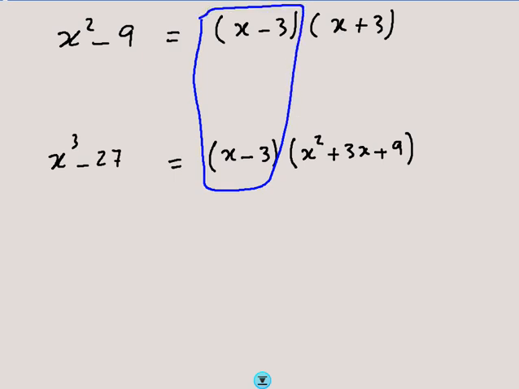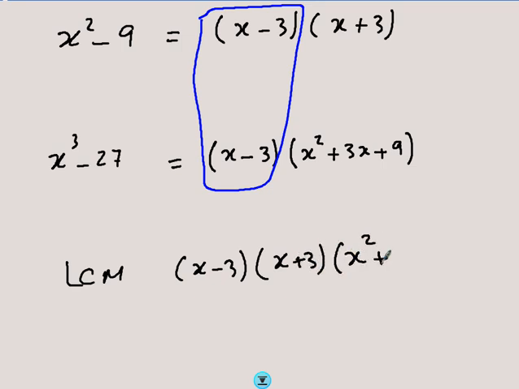It's a common factor. So the LCM will be x minus 3 times x plus 3 times this quadratic expression that cannot be factorized. So the principles are very similar to what we did with numbers, but you need to apply your skills in factorization.